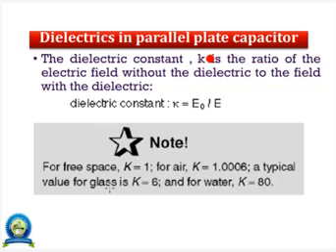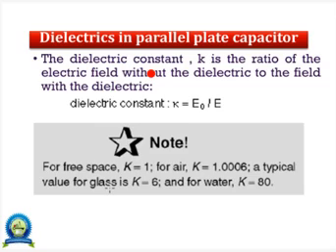K is the symbol for dielectric constant, and it's the ratio of the electric field without the dielectric to the electric field with dielectric. Usually, when you apply a potential to a parallel plate capacitor, an electric field is set up between the plates. I repeat, when you apply a potential voltage to a capacitor, an electric field is set up between the plates.